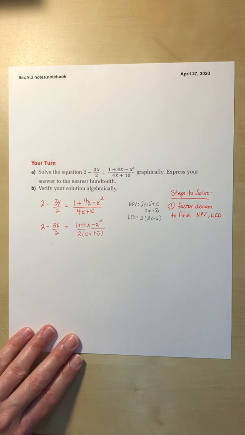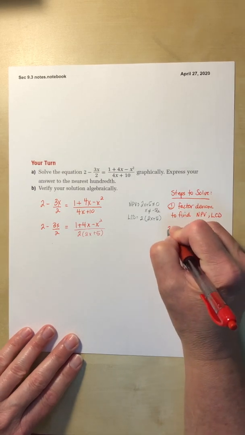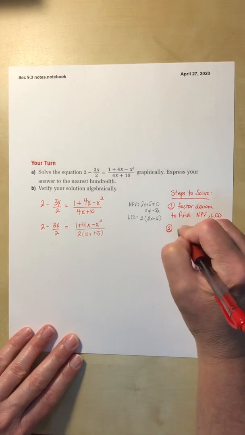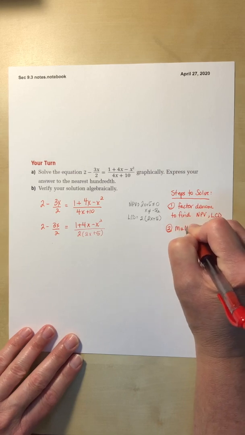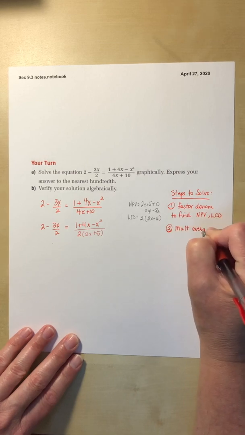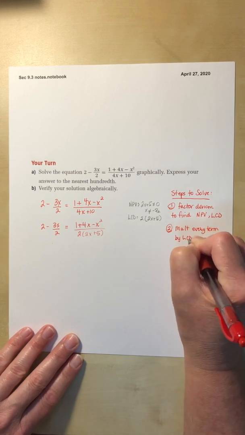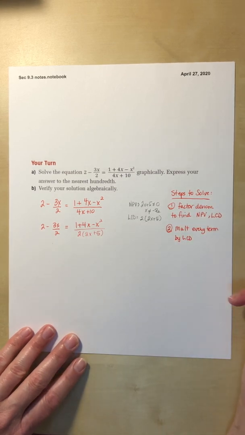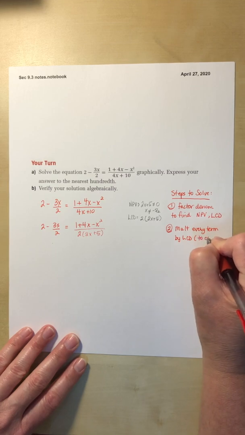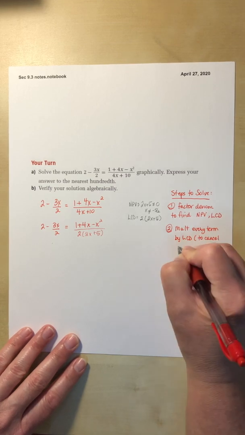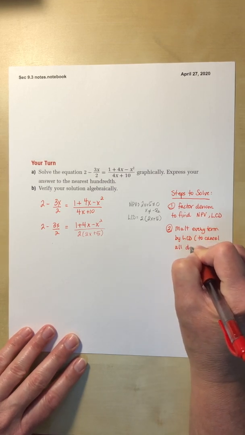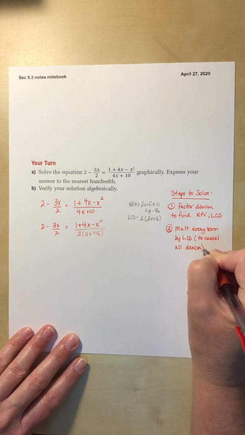So recall what we were doing with that lowest common denominator: we are going to multiply every term by the lowest common denominator. And remember, the purpose behind this is to cancel all denominators. That's what our goal is.